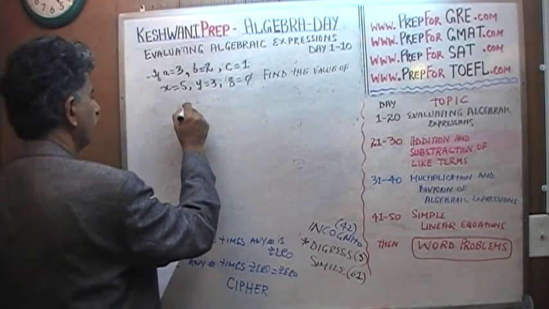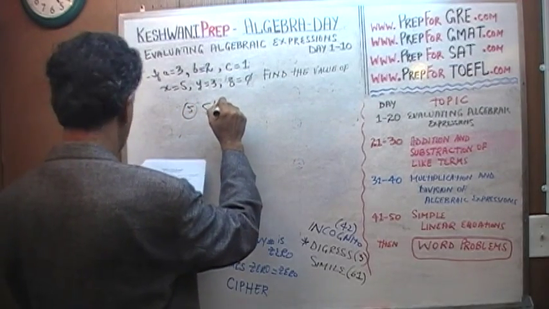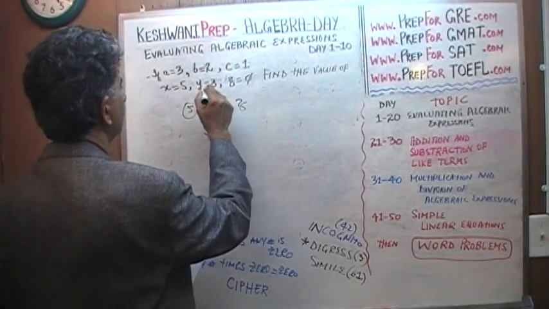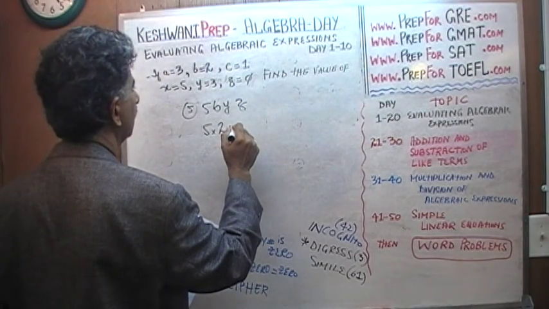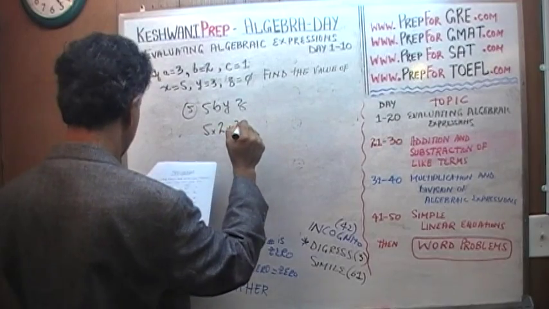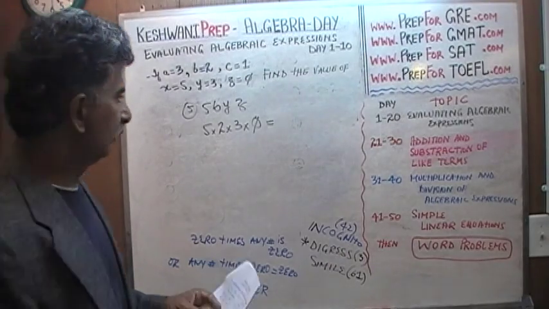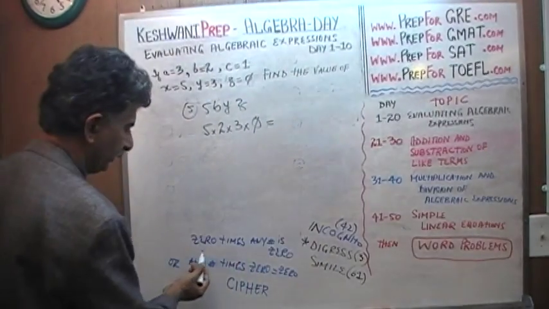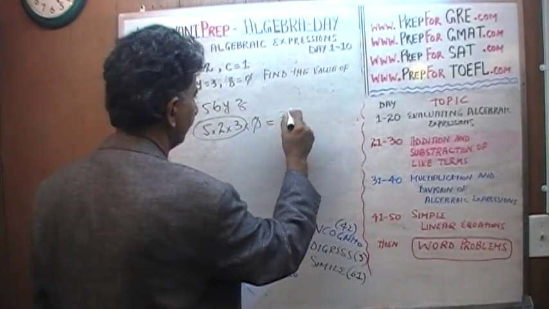Number 5 is 5 times b times y times z. 5 times b, which is 2, times y, which is 3, times z, which is 0. And as we already know, 0 times anything, any number, is 0. Here we see a 0, so we don't have to waste our time evaluating this thing. It's just 0.